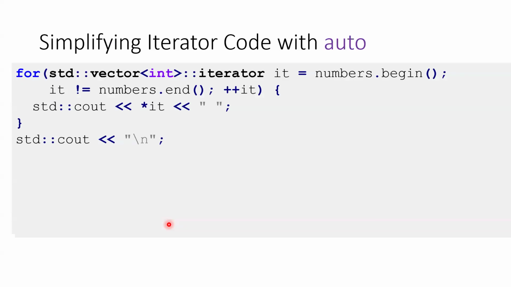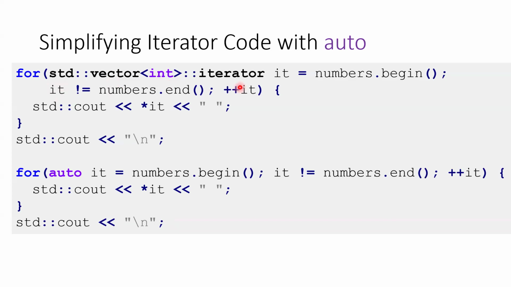So to simplify the iterative code with auto, what we need to do is replace the std::vector<int>::iterator with auto. So you don't have to type the iterator type over and over again when using iterators. You can just use auto it = numbers.begin().